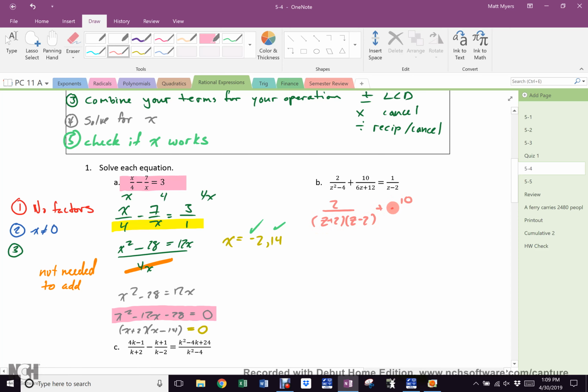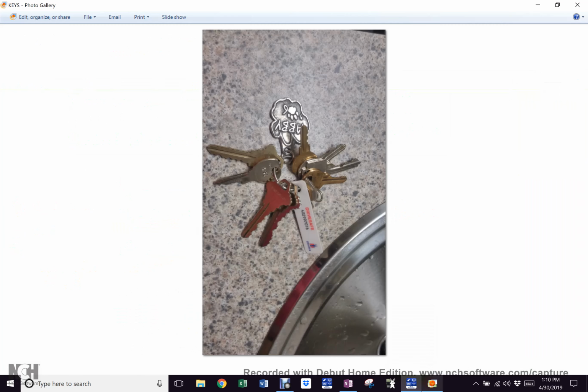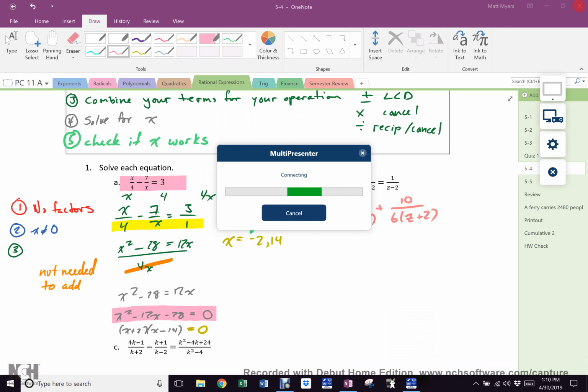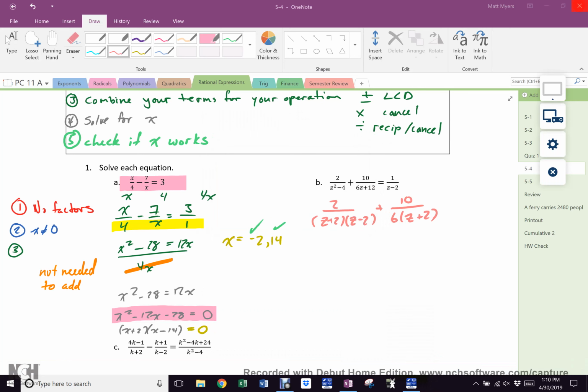Plus 10 over what? 6 Z, I know it just went out. Equals 1 over z minus 2.